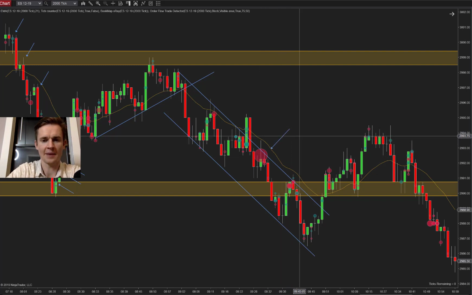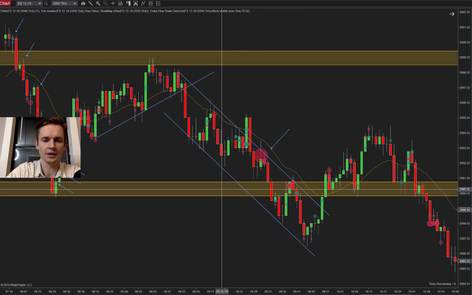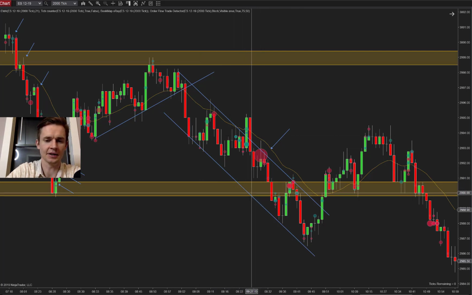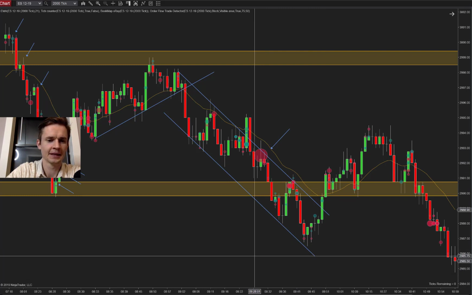A lot of times when you get to a high or a low, you'll see a big volume. So if it's coming down, you'll see a big volume of sellers here, and it kind of acts as exhaustion. And then the market will either reverse or it'll kind of dead cat bounce. It'll bounce back up after that big block of sellers comes in, and then it'll continue the sell-off.